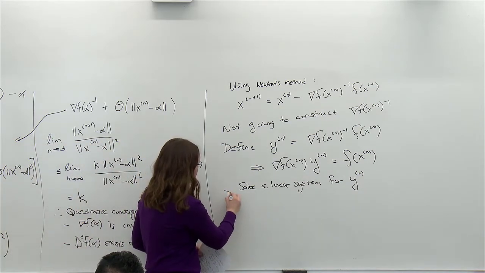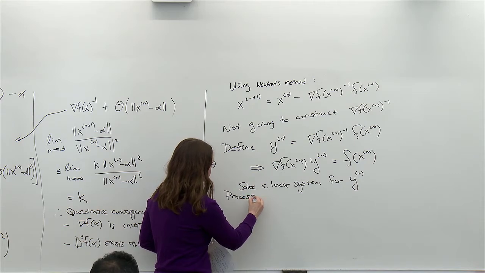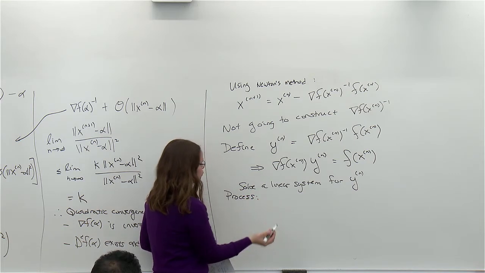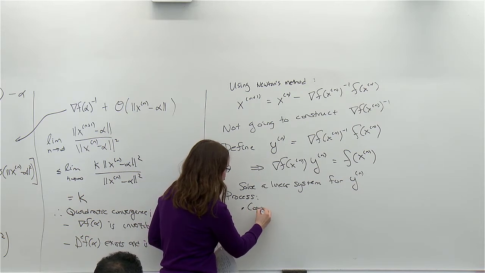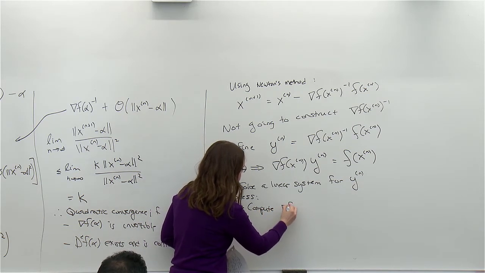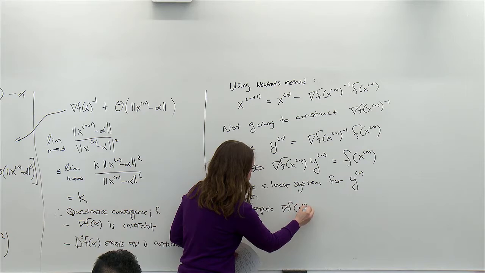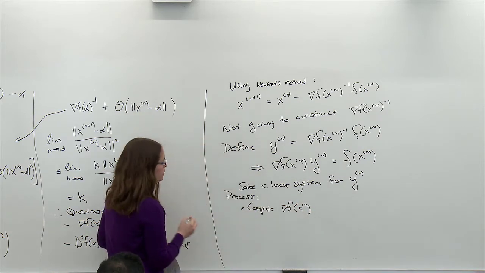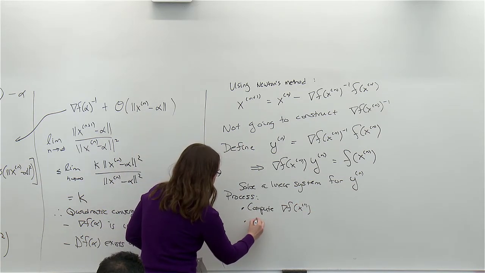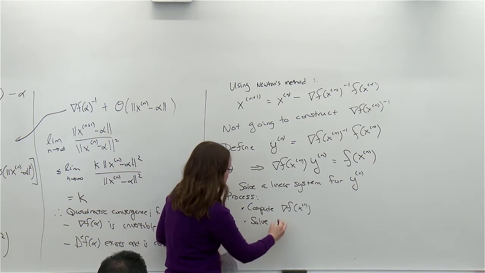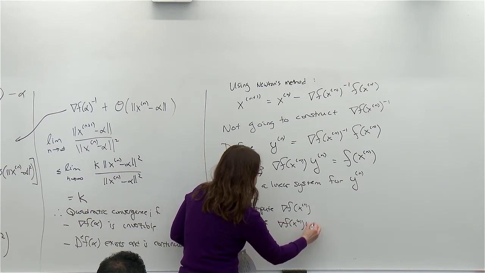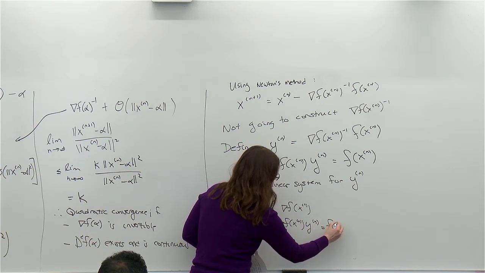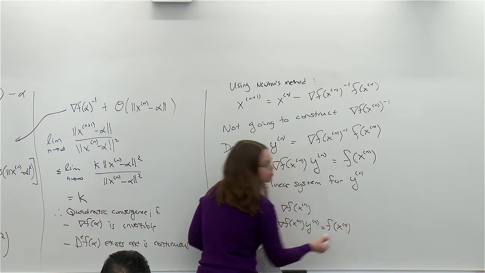So here's our process. For each iteration, we compute this Jacobian matrix, and we solve this linear system using your favorite linear solver.